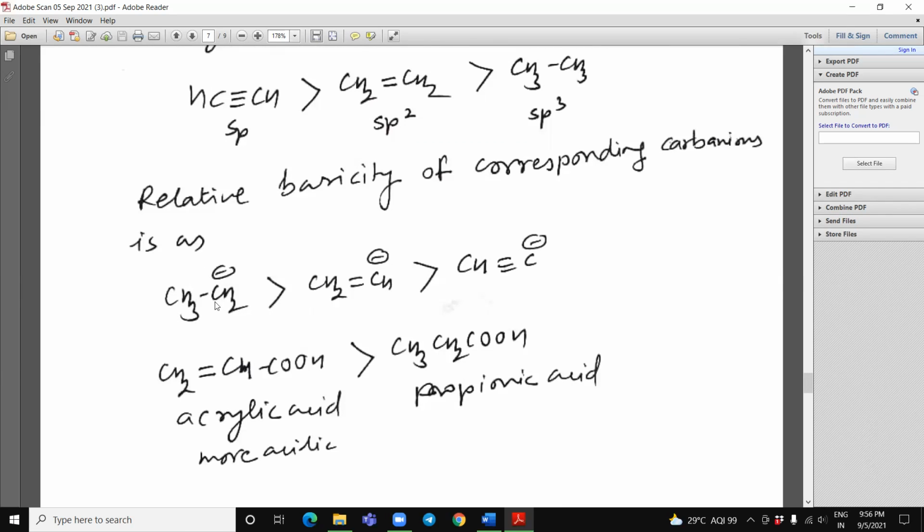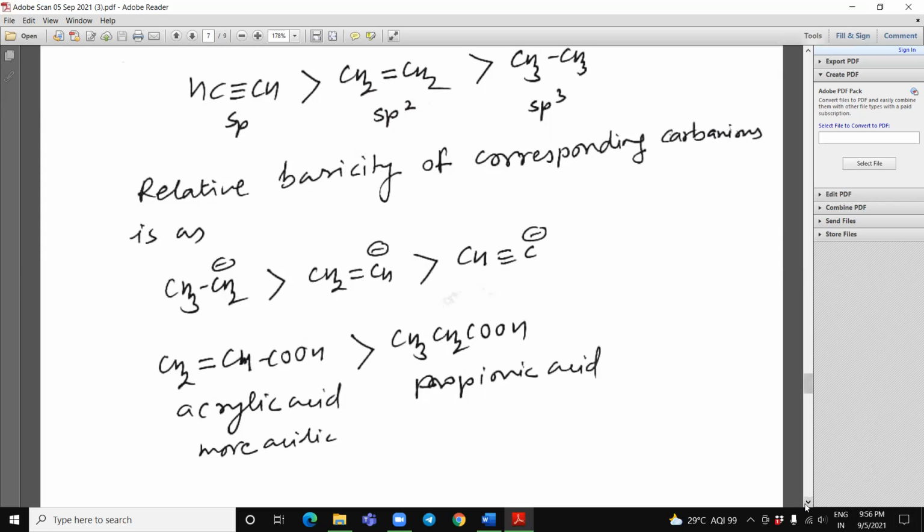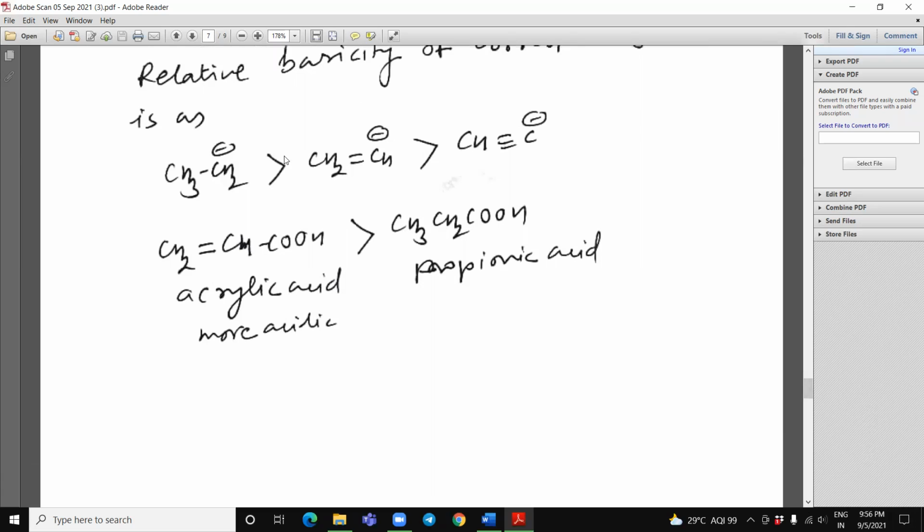This is the ethyl carbanion, ethylene carbanion, and ethyne carbanion. So acrylic acid is more acidic compared to propionic acid.